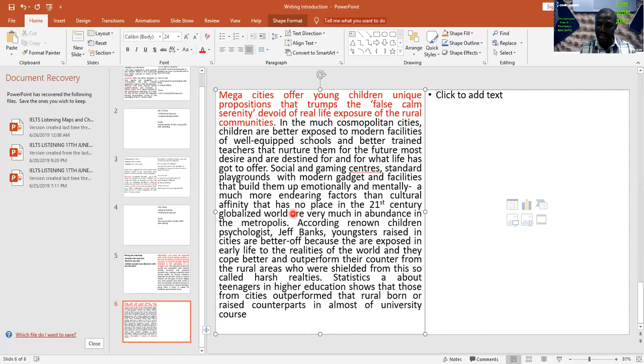So that ends this area, which was my illustration of the points that I came up with.